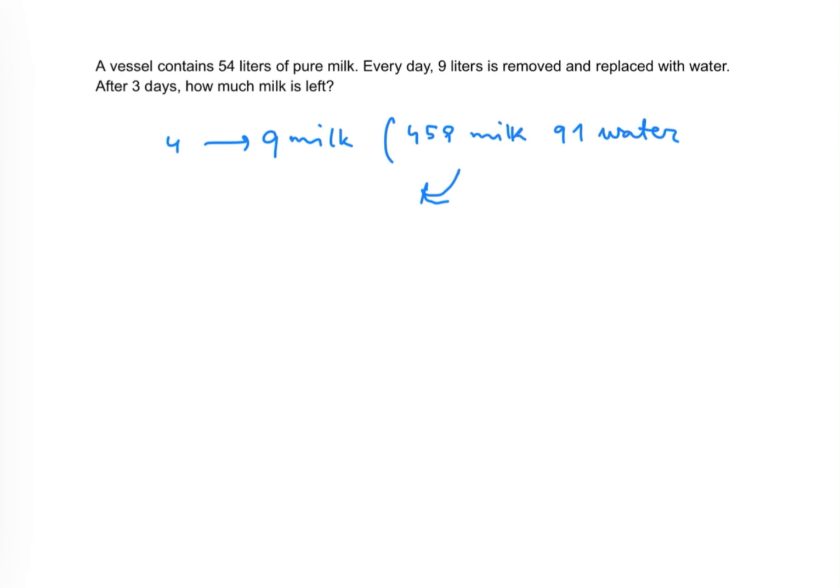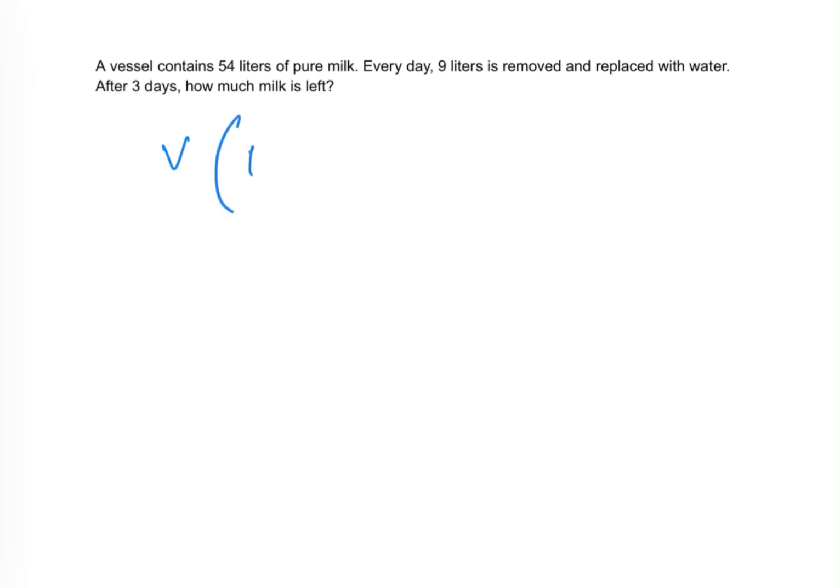But we have a very easy solution for this. It is one of the key formulas to find the amount remaining in a mixture. You have to memorize this formula. It is V into 1 minus x by V, to the power n.